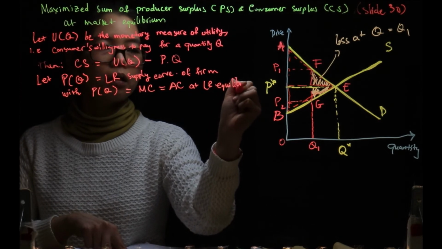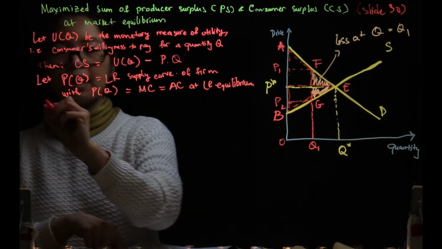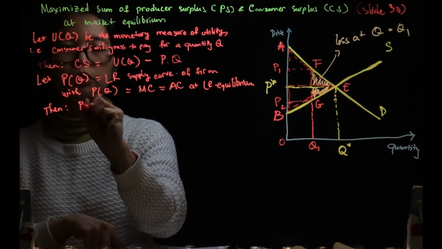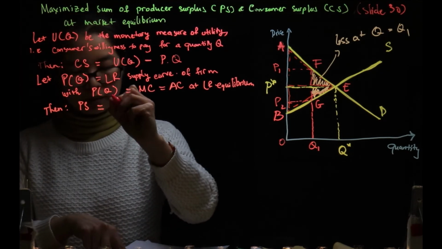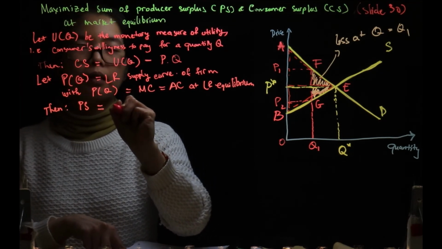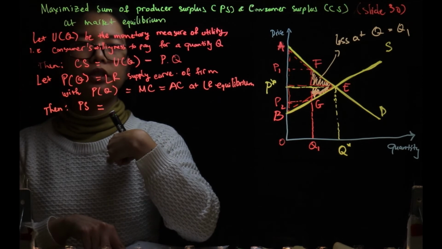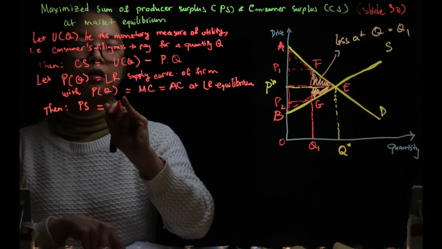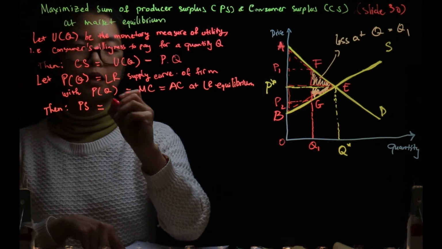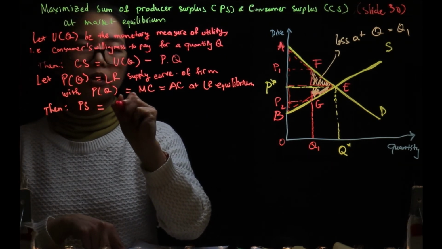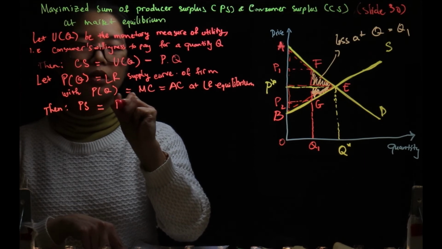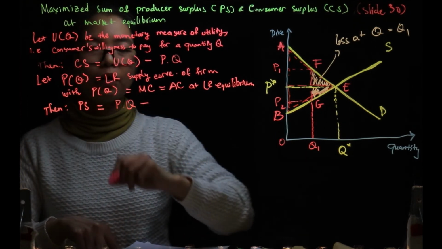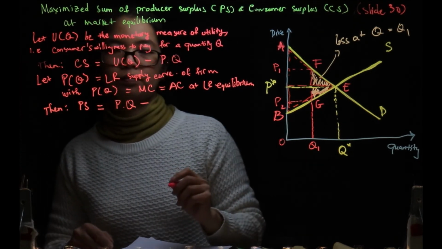Then the producer surplus is the revenue that the producer received minus the cost of the supplies. What the producer receives, the revenue, is P times Q, right? Minus, now what is the cost of this?